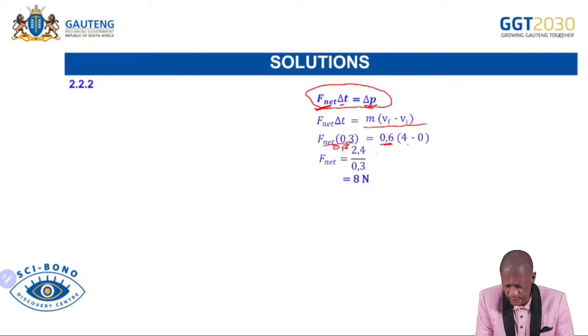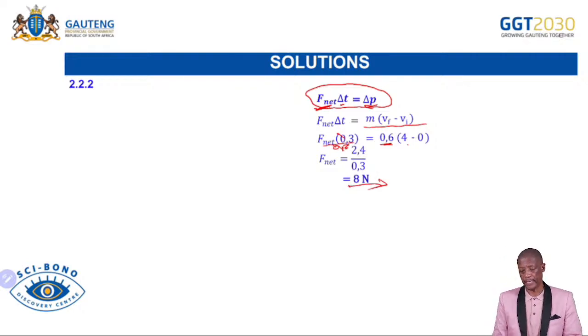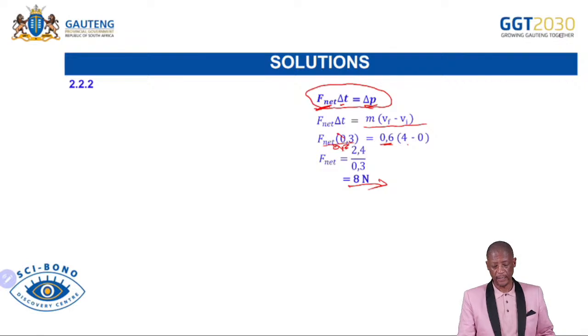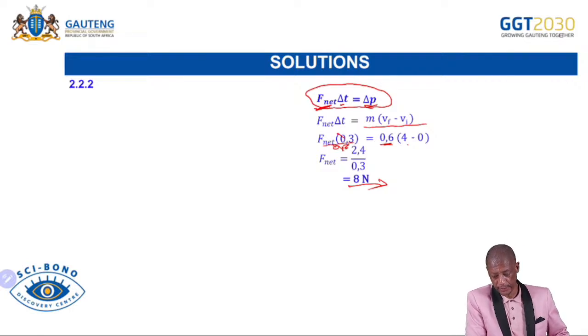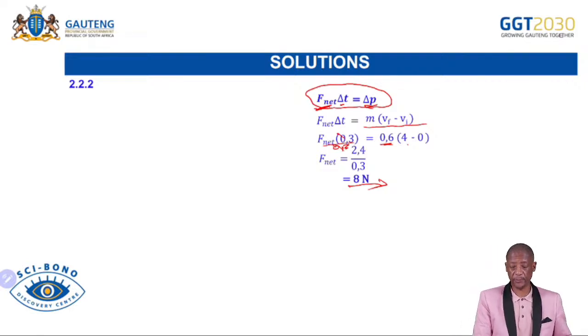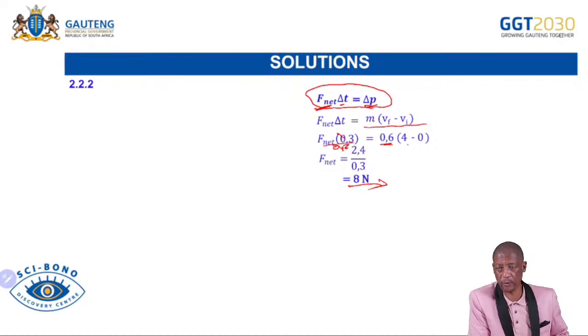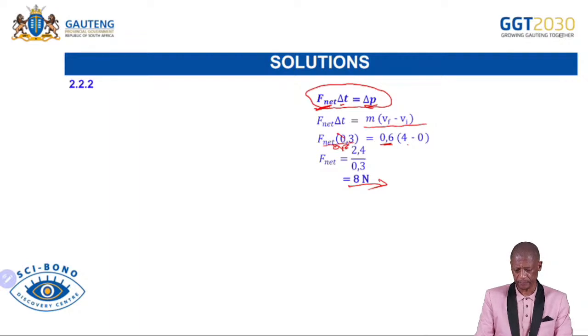On this side we've got 2.4, then this one will cancel this one. We remain with this one. Then we say 2.4 divided by 0.3. Then it gives you 8. That is the force that they want you to calculate, right? What helps you is the time given, because we have been given the time. So we have calculated that one.